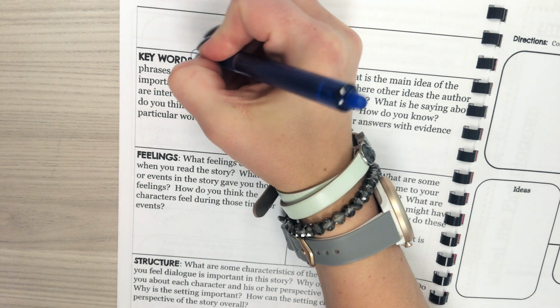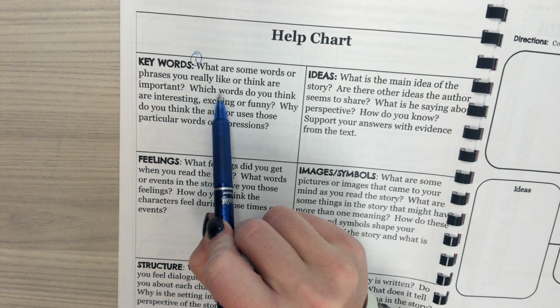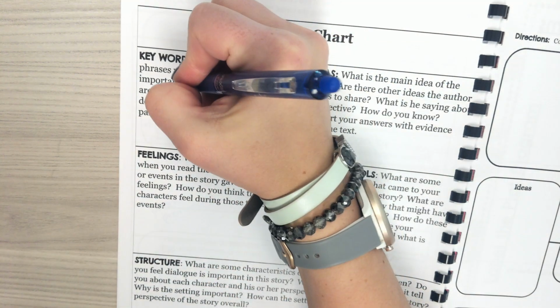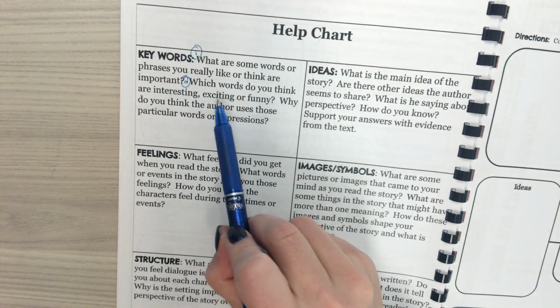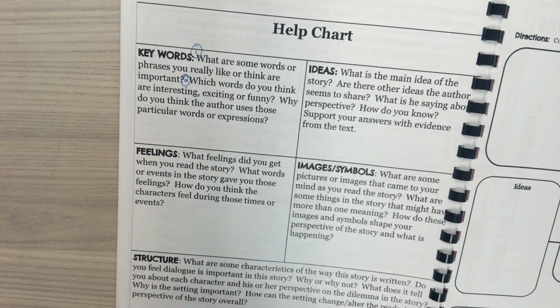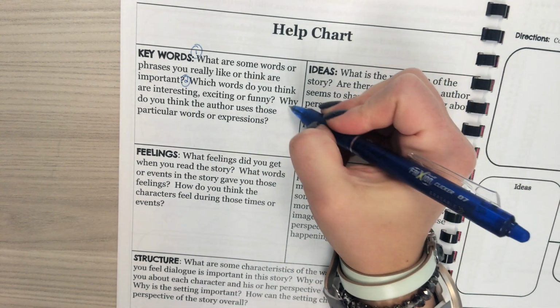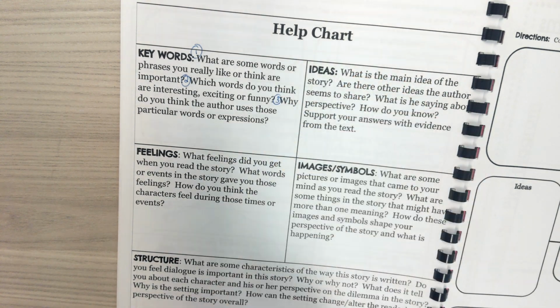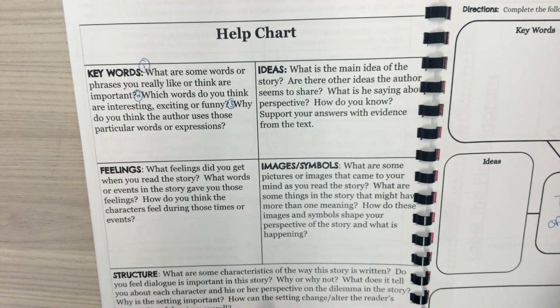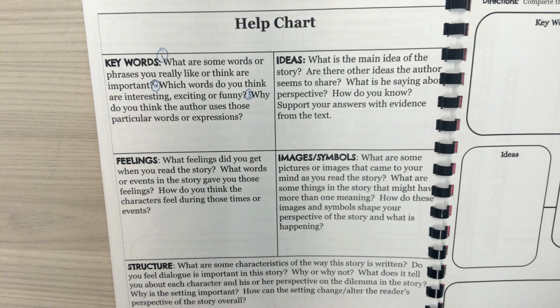The second question is, which words do you think are interesting, exciting, or funny? Oh man, they got a third question in there. Why do you think the author uses those particular expressions? All right, so we're going to work on filling out this keyword box together.